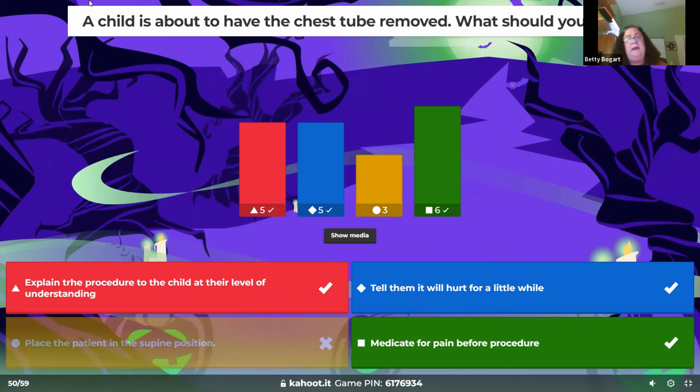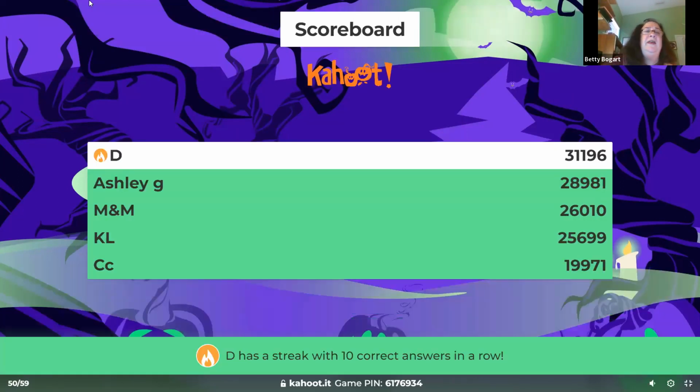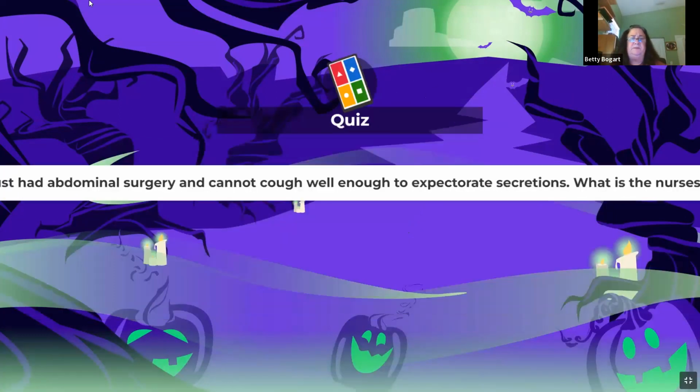Okay. You got to be honest with them. You're going to take their vital signs. You're absolutely going to medicate them for pain, and of course, on their level, tell them what we're going to do. Because we literally sit them up, we put a chux underneath, and we say, take a deep breath, and we pull, and it's going to burn. So please let them know. And then it's really quick, within 10 seconds, it's already better.